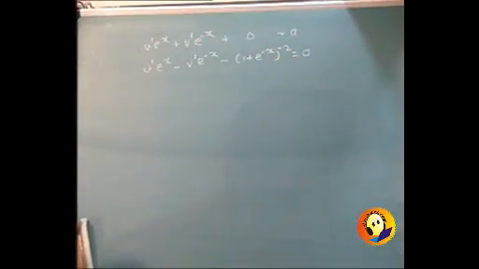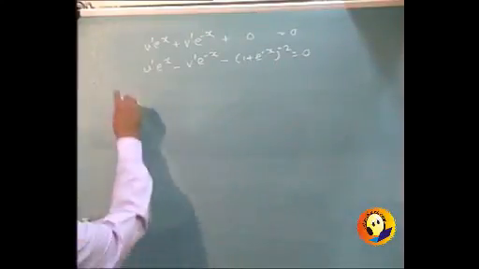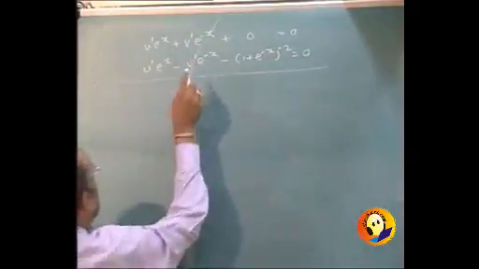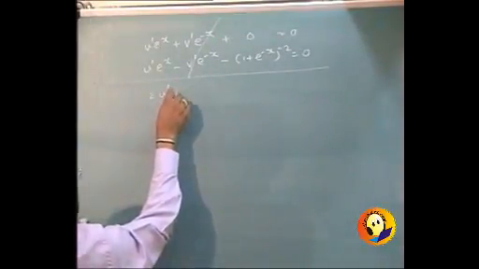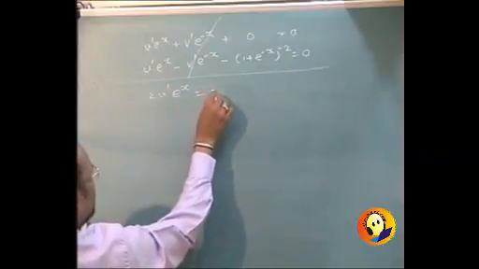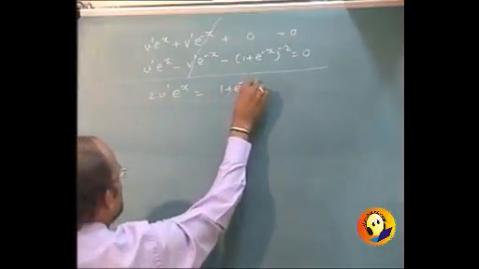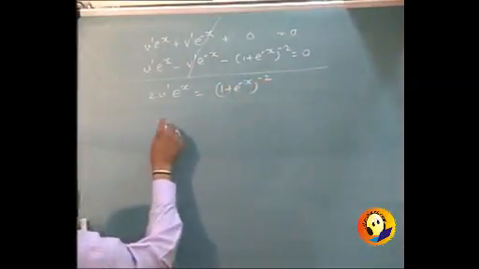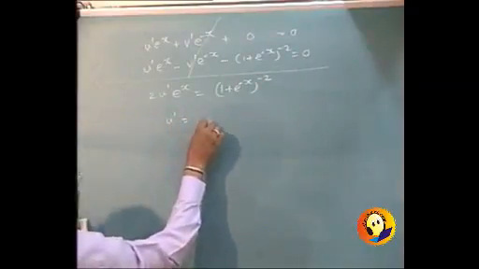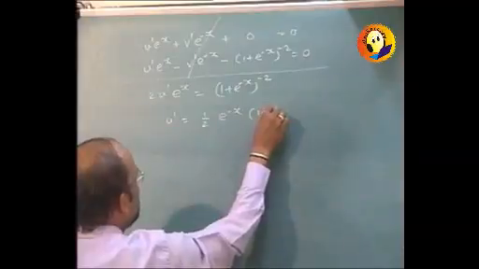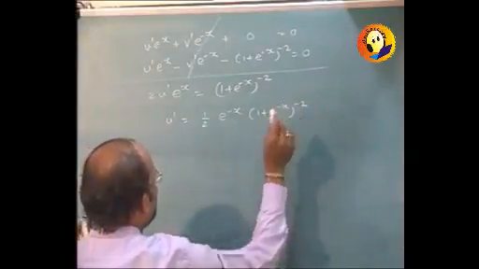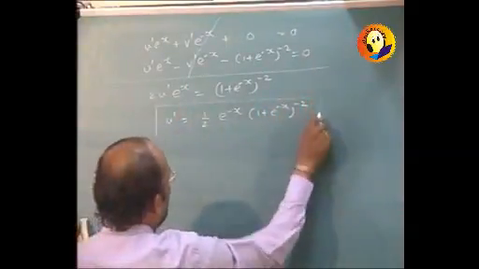Now through observation we can say that we don't have to proceed to the method of determinants, because even if we just add these two equations, the v dash terms will get cancelled and you will get 2 u dash e raised to x equal to 1 plus e raised to minus x, bracket raised to minus 2, and therefore u dash will be equal to 1/2 e raised to minus x into 1 plus e raised to minus x, bracket raised to minus 2, the value of u dash.